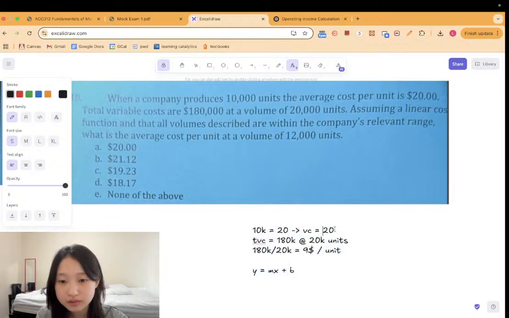Oh, bro. Okay, wait. Average cost per unit, so that's including your fixed cost and your variable cost.